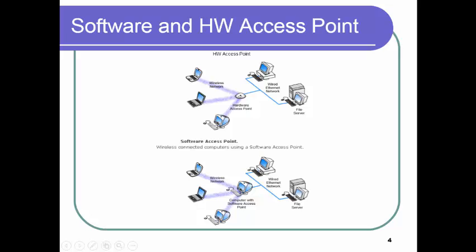At that time the adapter available with the desktop computer will provide the wireless service. This is one kind of configuration observed in laptops or mobile phones, that is creation of a hotspot to provide the wireless service or the internet service to other wireless devices. In this case the software access point based computer will provide the wireless service to the mobile devices.